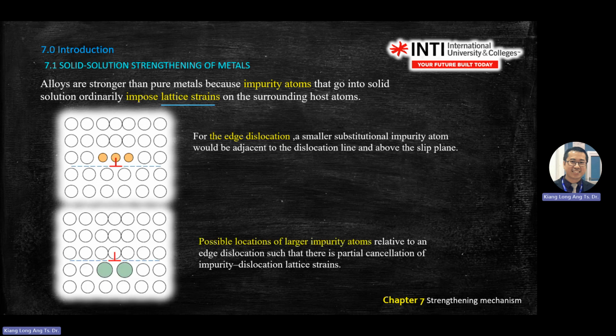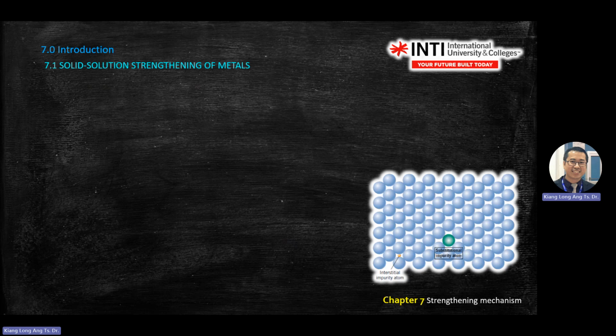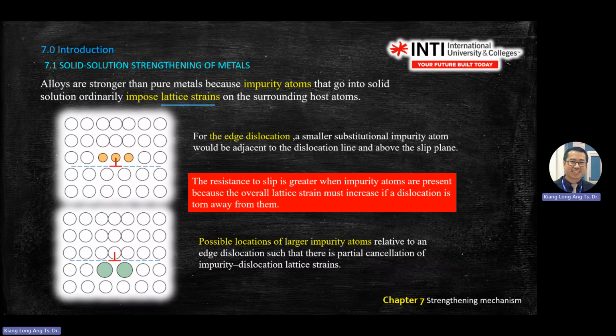These are the other things. This is another way of writing. It means resistant to movement. This red color box here just tells you what happens when you put in impurity atoms.